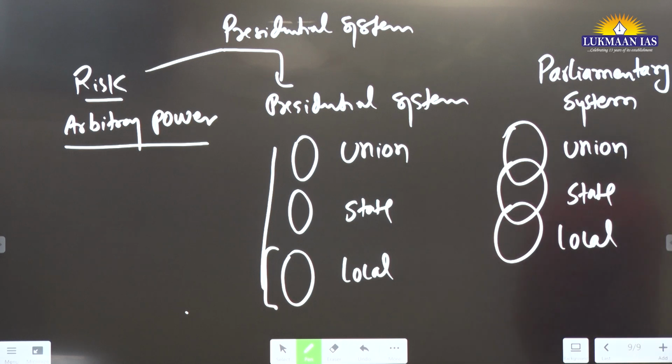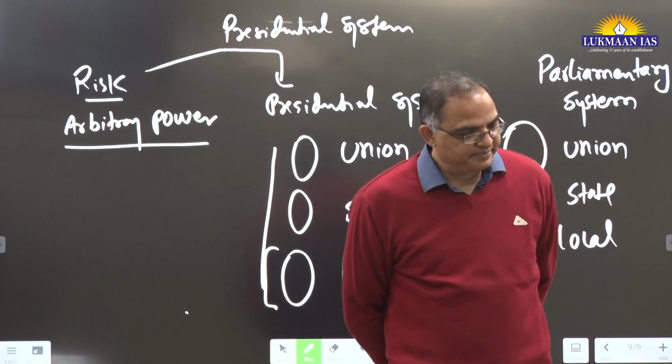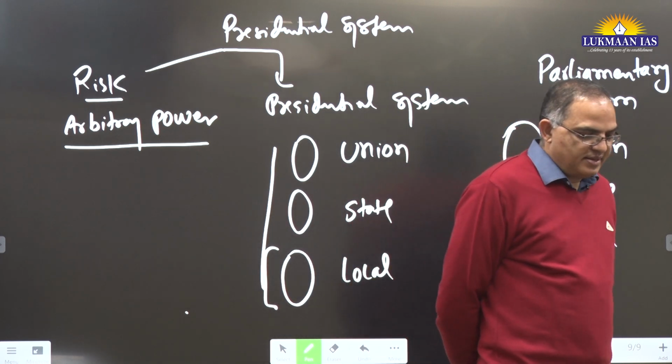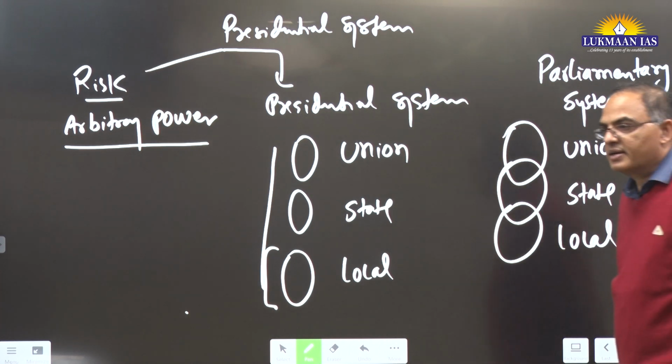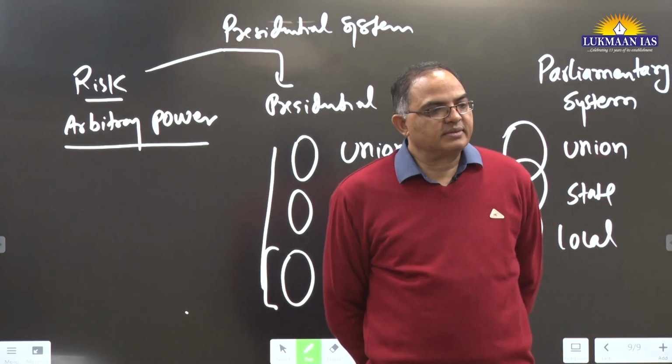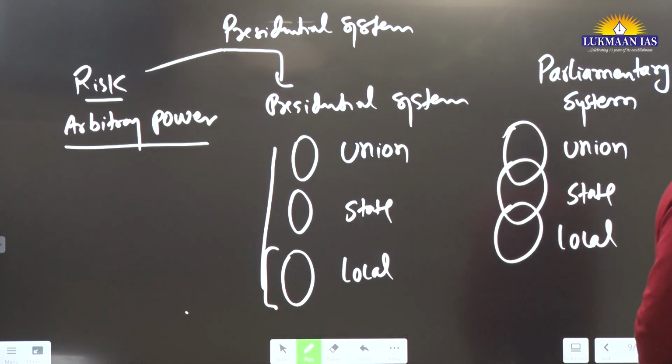Next, defection politics. Next, balkanized politics, in brackets, casteism, communalism, regionalism.